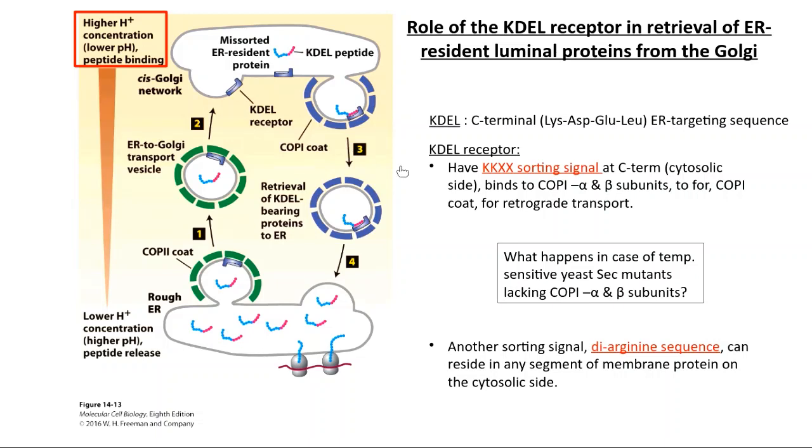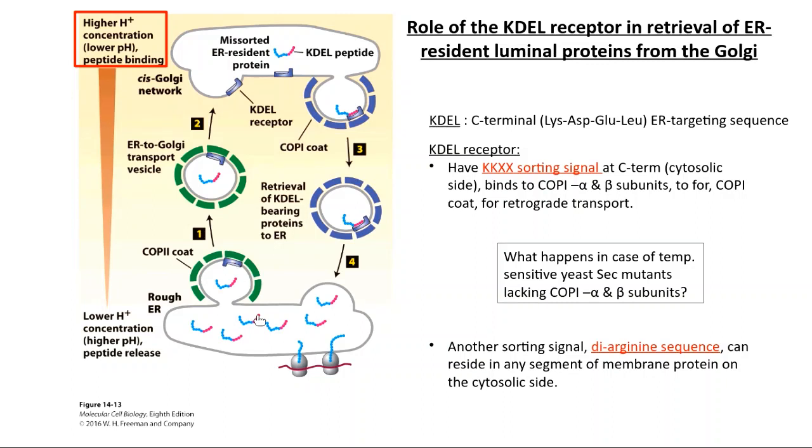Now, since we know that any peptide with the KDEL sequence will become an ER resident protein, let's say that we need to do an experiment where we need to keep a secretory protein inside the ER all the time, to make sure that it doesn't escape the ER or get secreted outside the cell.